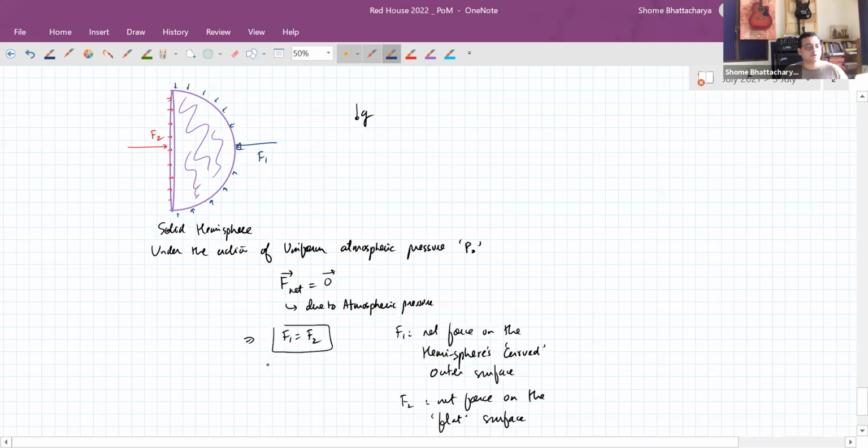Now, out of these, F2 is easier to calculate, because it's a uniform pressure and it's a laminar surface. So there you go. That easily proves that the force on a hemispherical surface is equal to uniform pressure into pi r square.